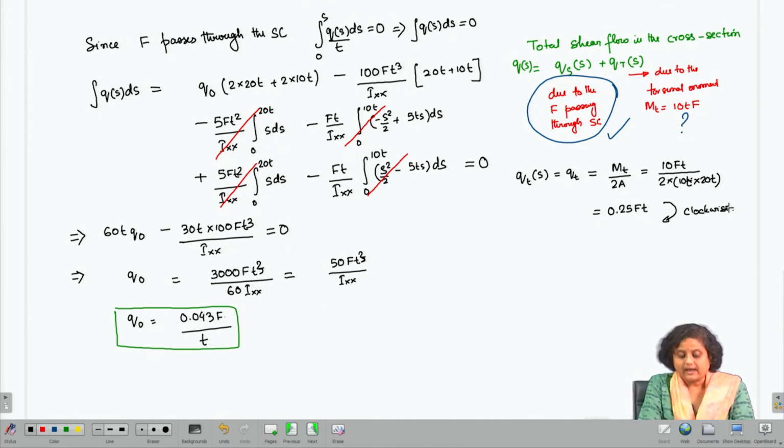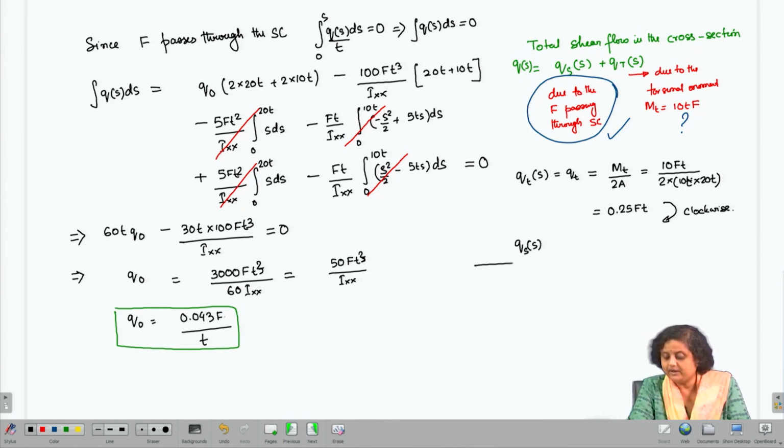Now, the QS that we have found out, if you remember, we have taken S to be in this direction. This was our S direction, and this produced an anti-clockwise direction of shear flow.